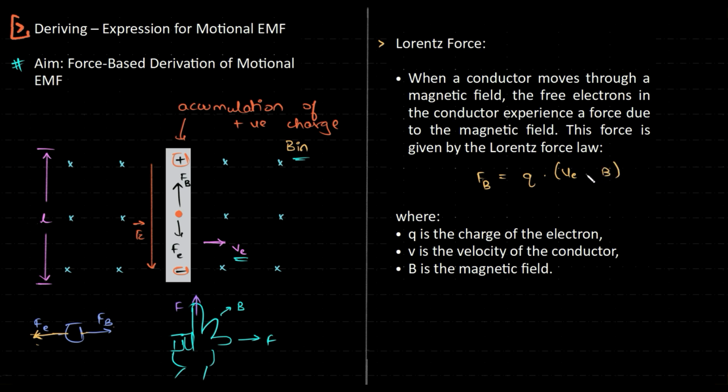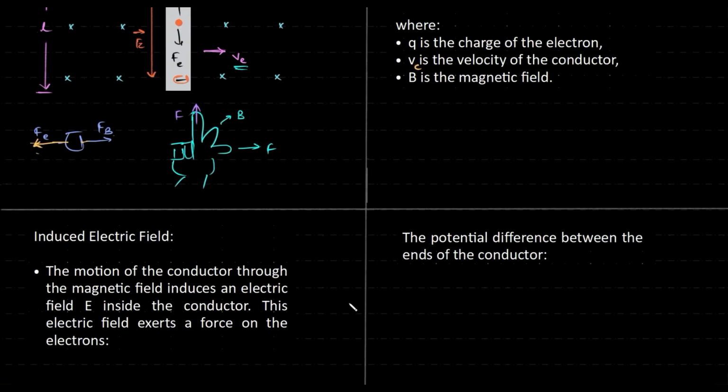Since everything is perpendicular, we end up with this formula for theta equal to 90 degrees. Here Q is the charge of the electron, V is the velocity of the conductor, and B is the magnetic field. Again, just a representation, whatever you are comfortable with.